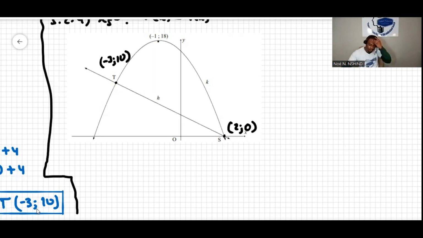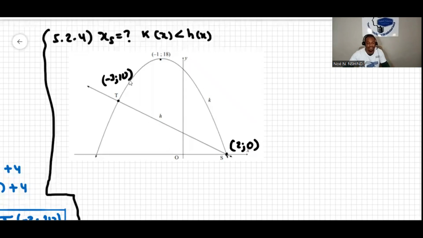Now the question says that we need to show those values of x for which k of x is lesser than h of x. Now k of x is lesser than h of x in this interval. Let me just highlight this.